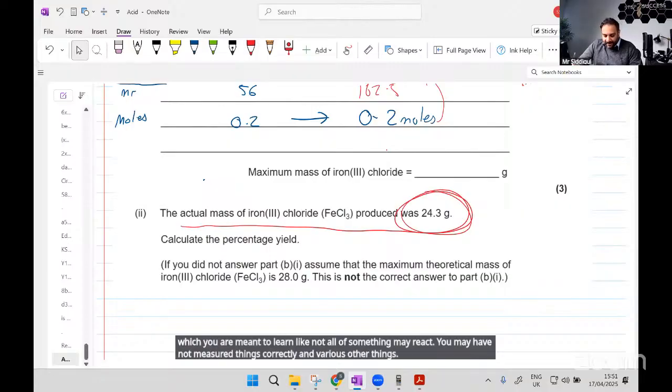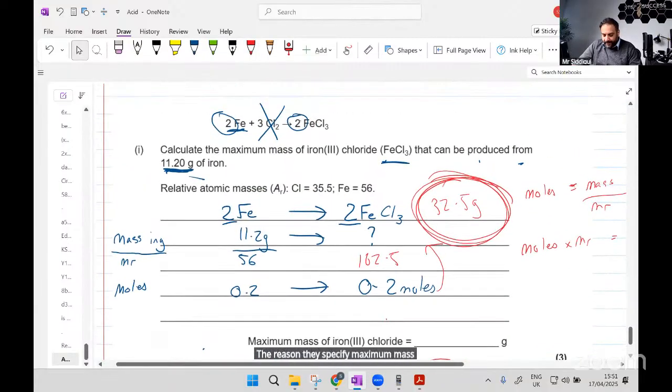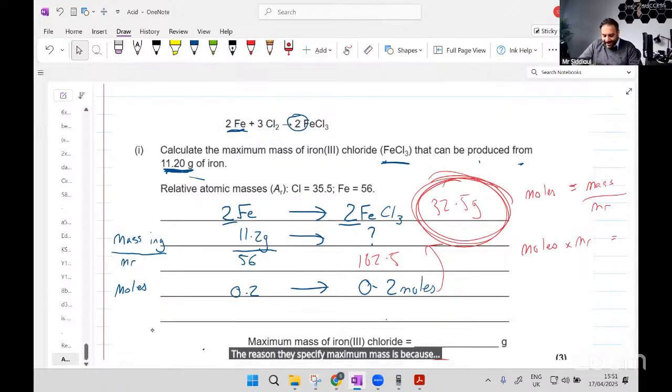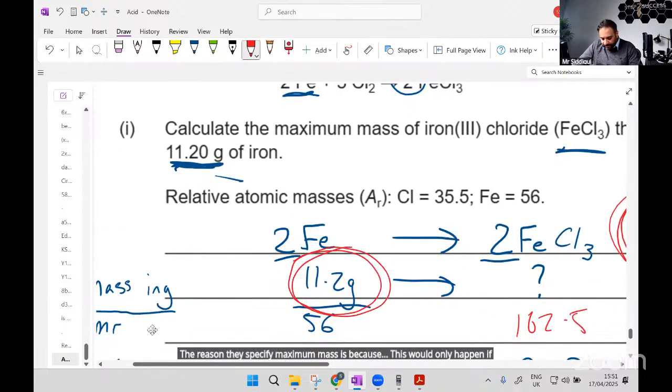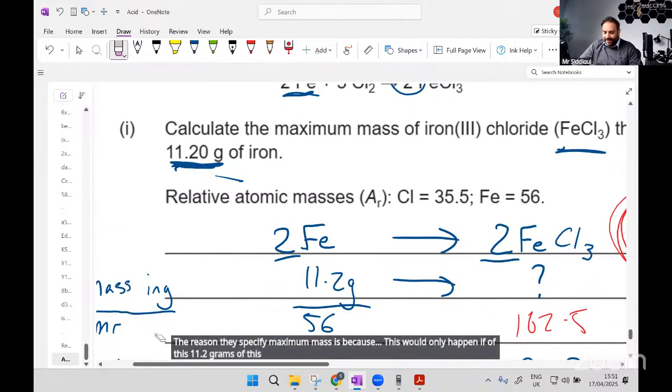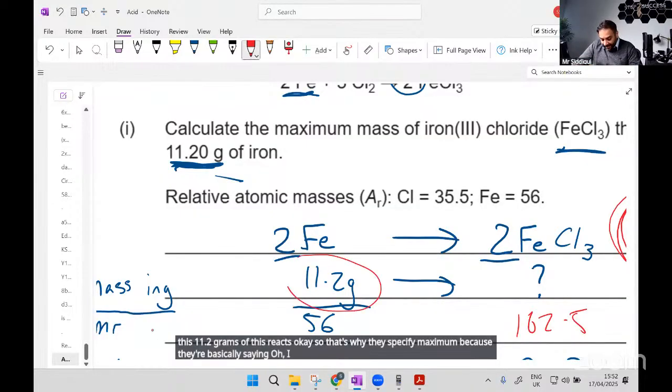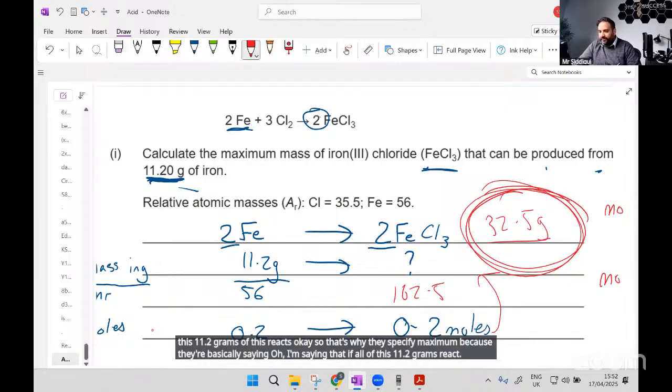The reason they specify maximum mass is because this would only happen if all of this 11.2 grams reacts. So if all of this 11.2 grams react, then we will make 32.5 grams.